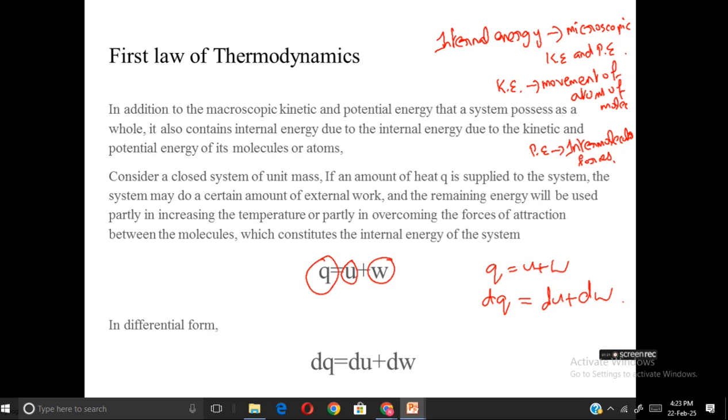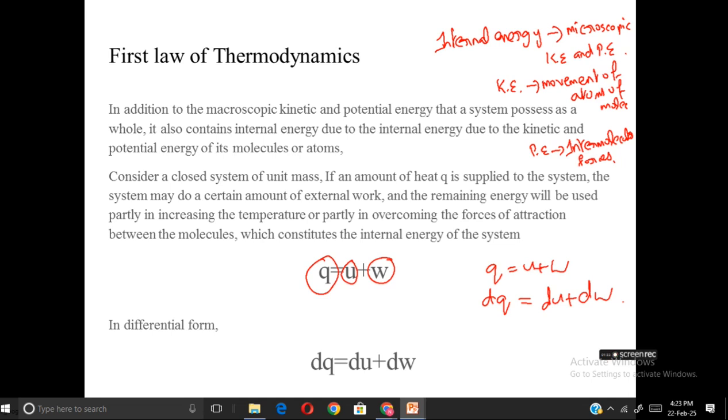I'm sorry that I didn't clarify that. U is the internal energy of the system and W is the work. Q is the heat.